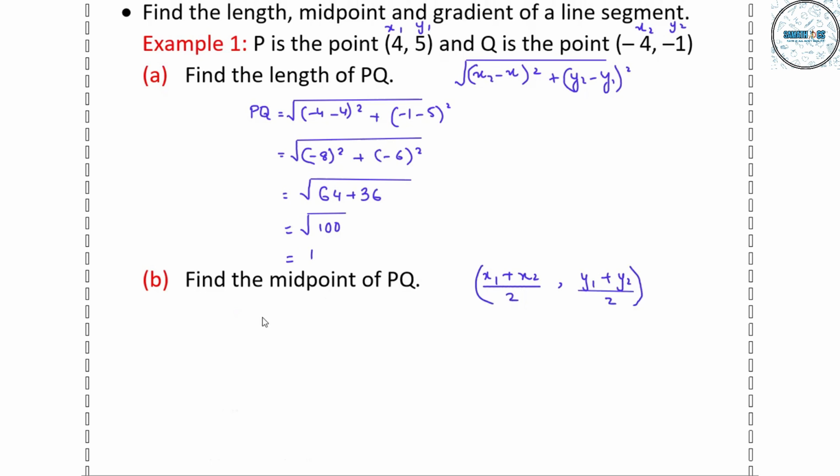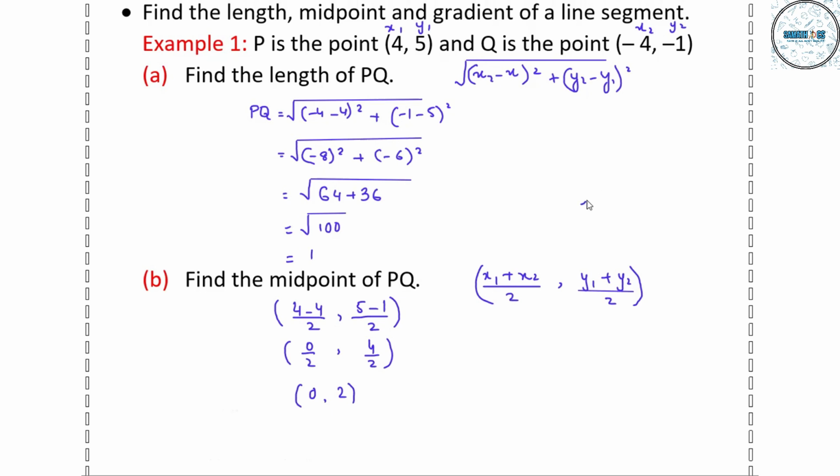You will substitute these values in the formula: (4 minus 4) upon 2, comma, (5 minus 1) upon 2. We have here 0 upon 2 and 4 upon 2. Finally, the coordinates of the midpoint are (0, 2).